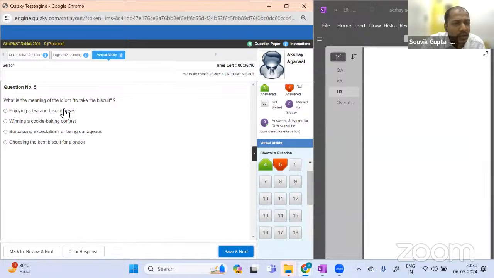The idiom to take the biscuit. I'm making an educated guess here because the other three options sound quite ridiculous to me.